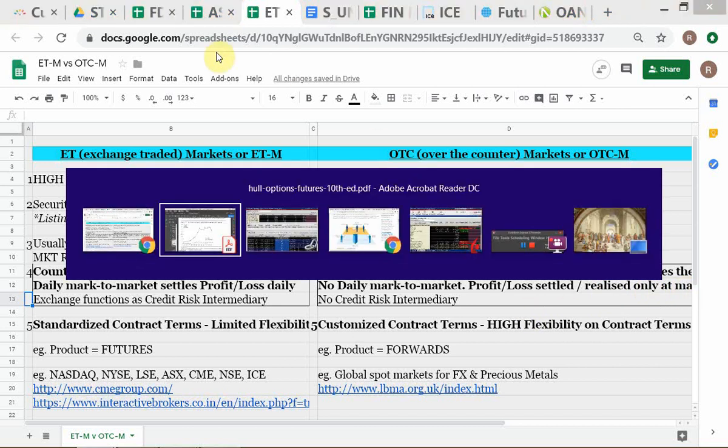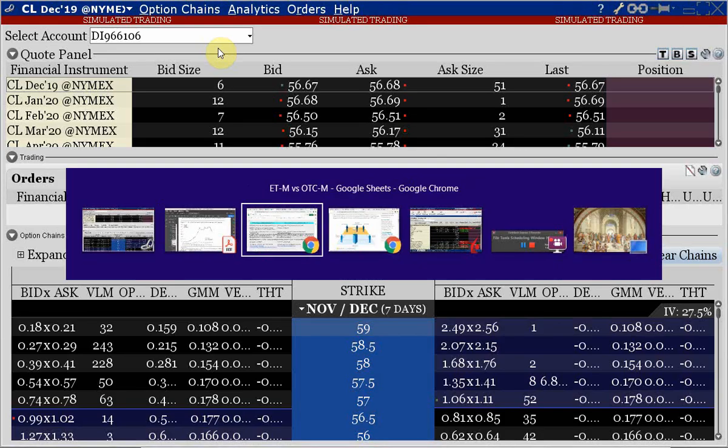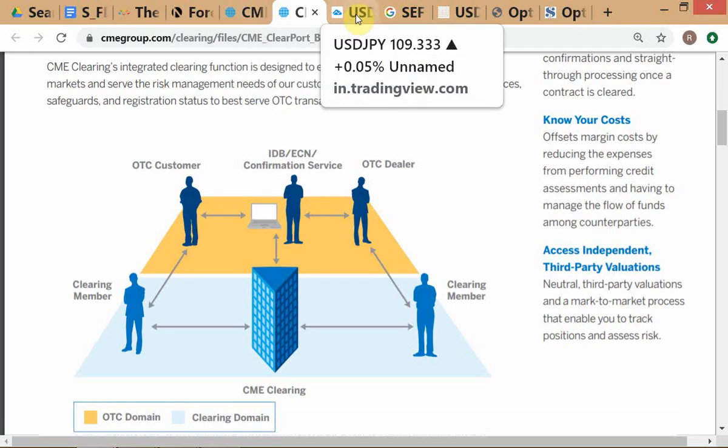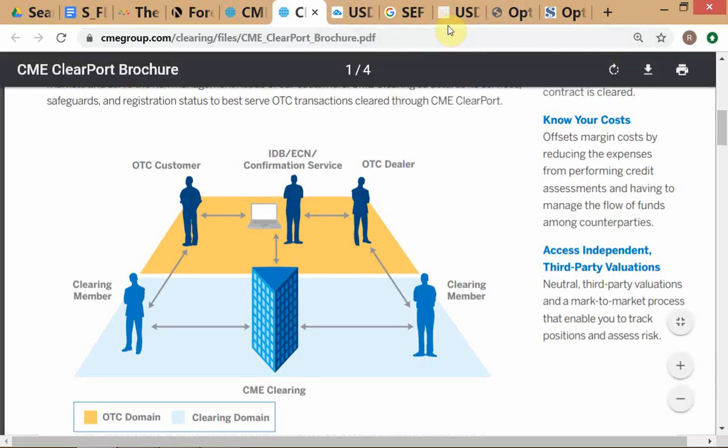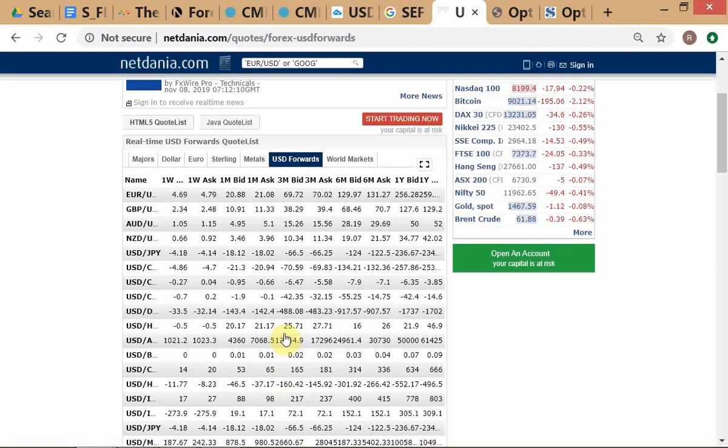It means that if you are doing a transaction, let's say dollar forwards. Okay. So you can see that forward exchange rates, forward differences for currency markets, are being quoted all the way up to 1 year.